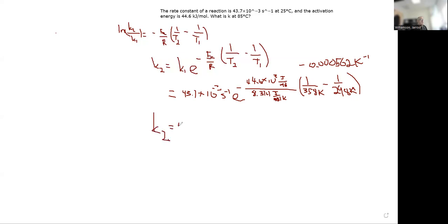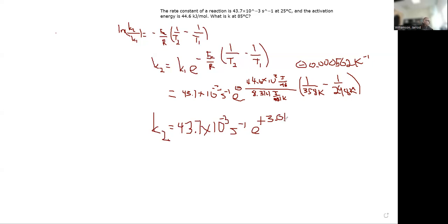So K2 is equal to 43.7 times 10 to the minus 3 seconds to the minus 1 times e to the positive, because I have this negative and this negative, and I'm going to have basically 3.01.